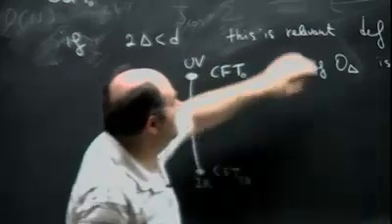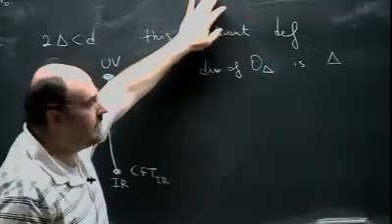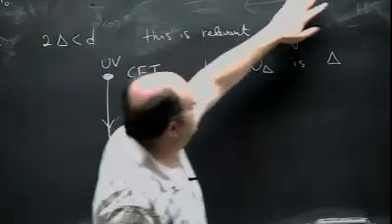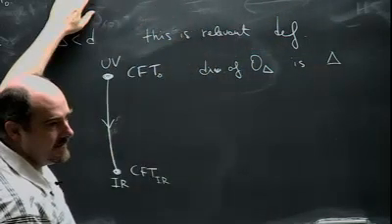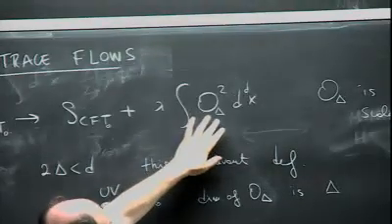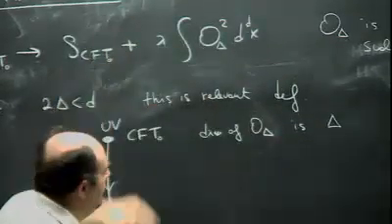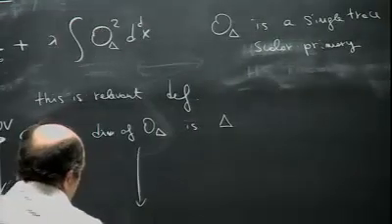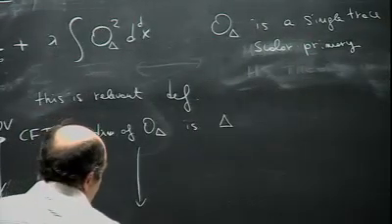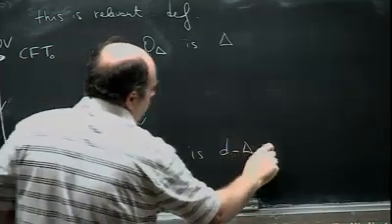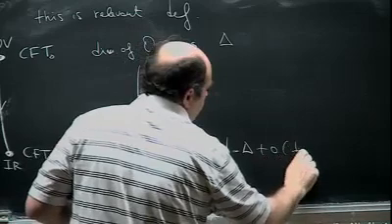So this delta just denotes the dimension of this perturbing operator. This is an operator which is present in the CFT, and you perturb it by adding the square of it, and delta denotes the dimension in the UV, right? And when you flow down, the dimension of O delta is now d minus delta plus 1 over n corrections.